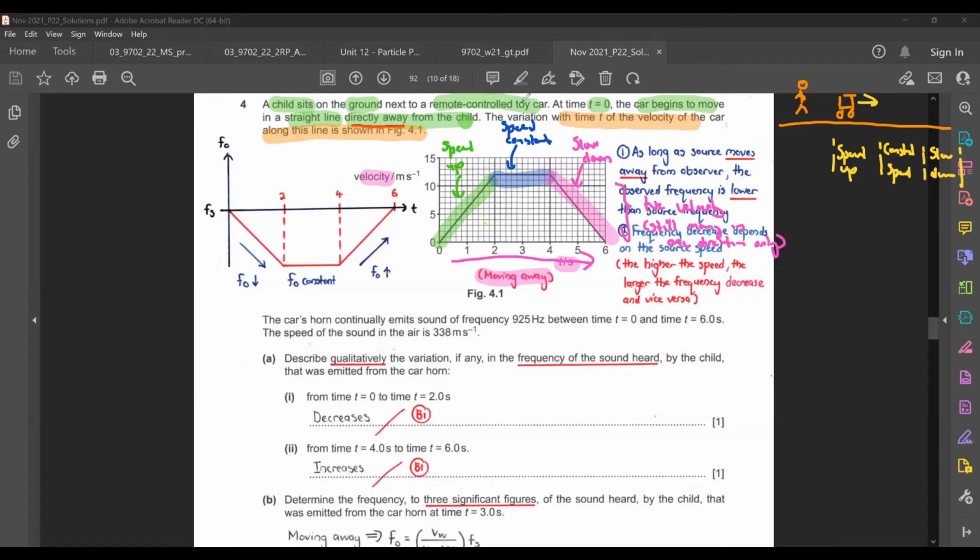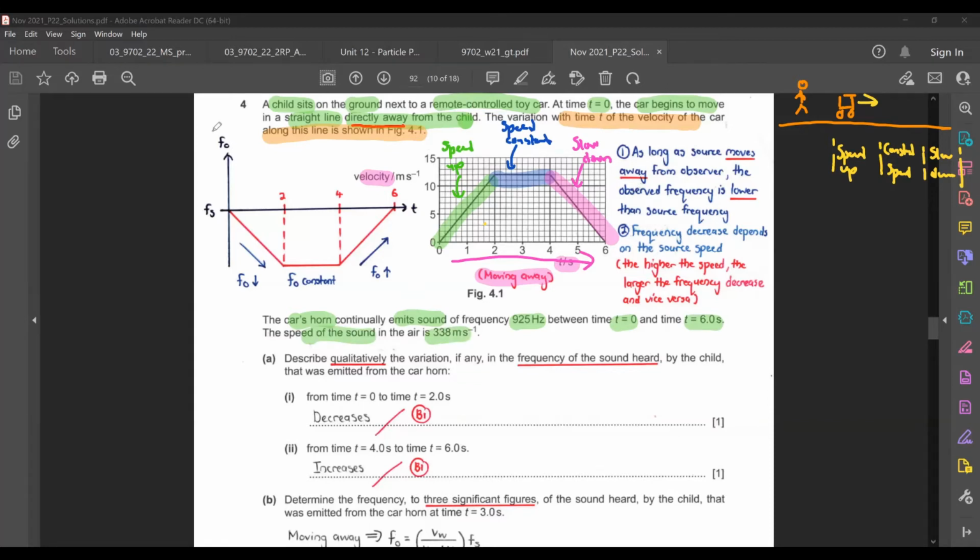Now from here, they tell you the car's horn is continuously sounding so that it emits sound of frequency 925 Hz between 0 and 6 seconds. The speed of sound in air is 330 meters per second.